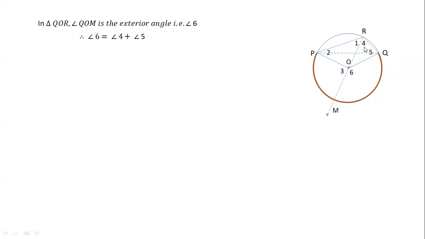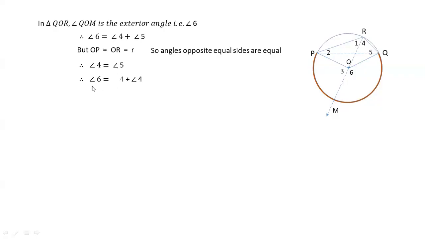So 6 is equal to 4 plus 5. Same thing written. But OQ is equal to OR is equal to the radius. So angles opposite equal sides are equal. That means angle 4 is equal to angle 5. That means angle 6 is equal to 4 plus 4, angle 6 equals 2 angle 4. Let us call this equation 6.